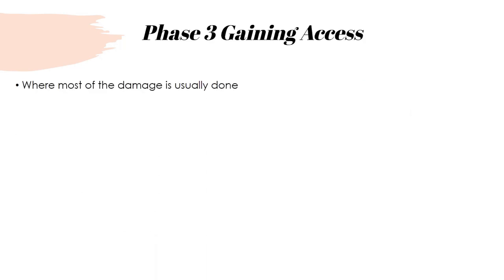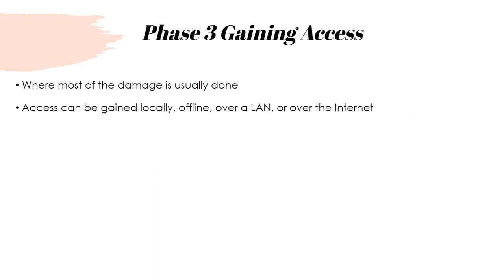This is where we're going into phase 3, gaining access. This is where the most damage happens, because once access is gained, they can do quite a bit of damage to the actual network, based on the different techniques presented in this program. So access can be gained locally, offline, over LAN, or over the internet.